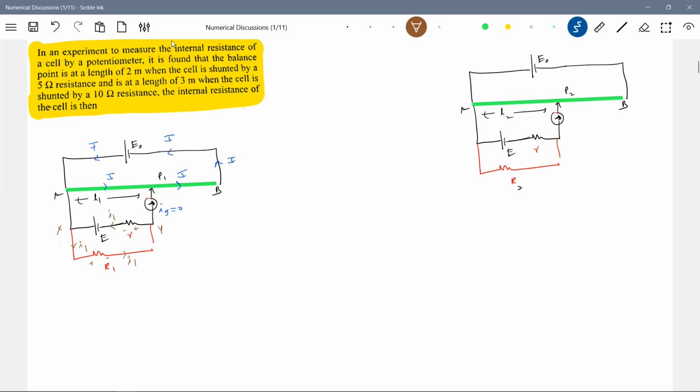Similarly here, the same current I will flow. If you know the concept, you can directly go for it. Since I wanted to revise a little bit, here there'll be a flow of current. Call that current as I2.